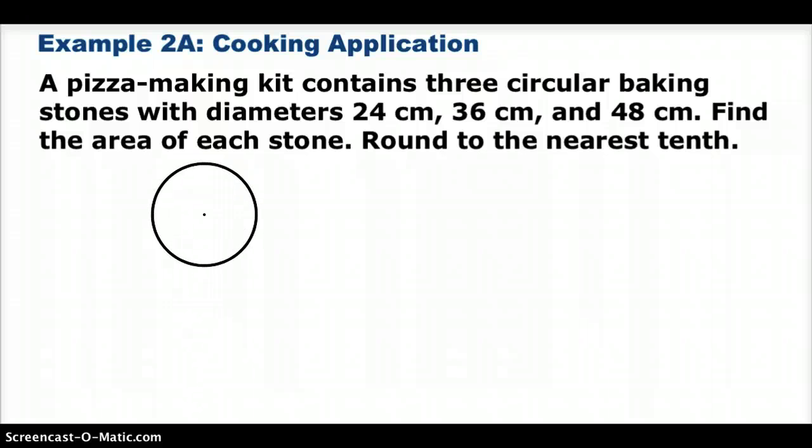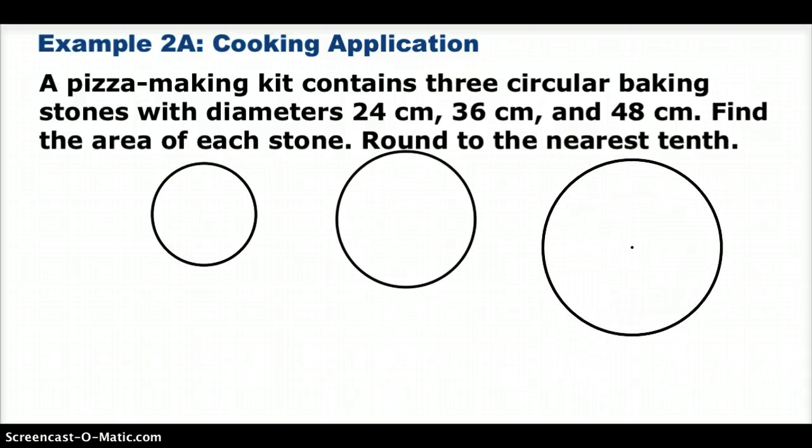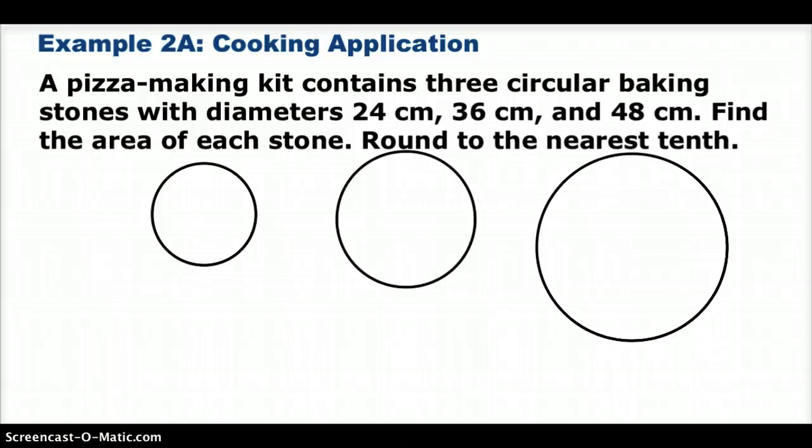So I'm just going to draw 3 different sized pizzas, or stones anyways. Obviously these are not to scale, but I'm just going to draw some diameters on these. They're hopefully going to go close to through the center of the circle. So again, diameter here, and diameter here.